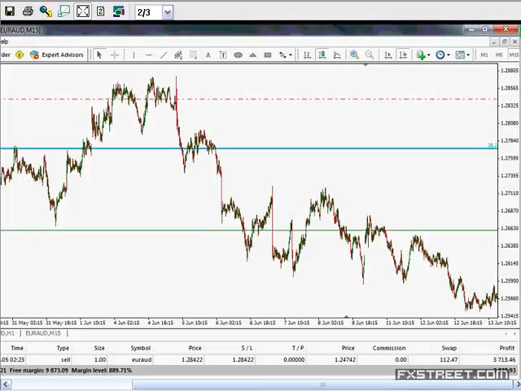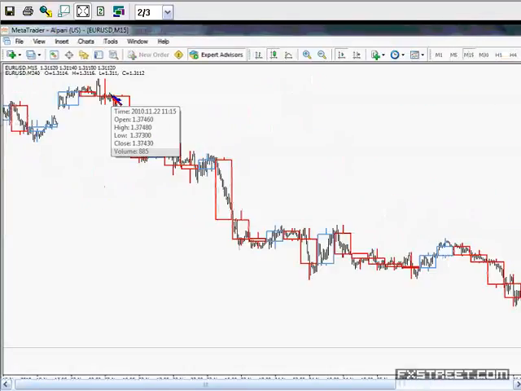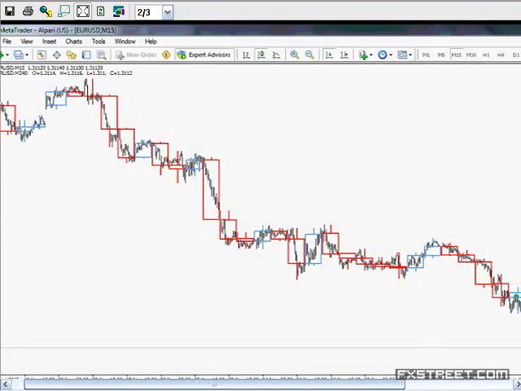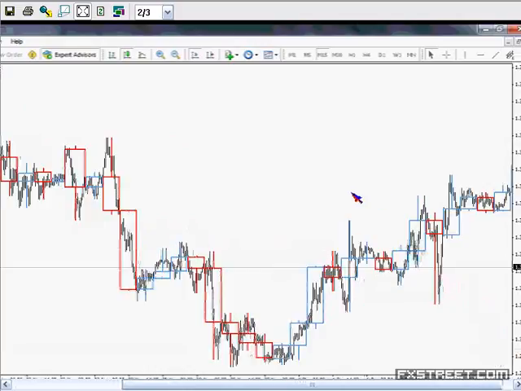See this here? What you see here is a 15-minute chart with overlay of 4-hour candles. It's a little indicator that I've got. So it posts what 4-hour candles look like on a 15-minute chart.